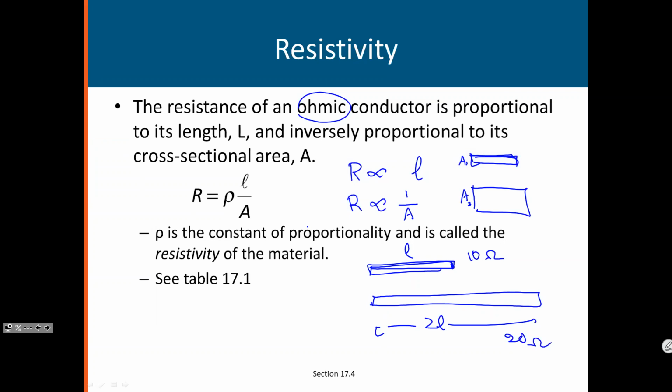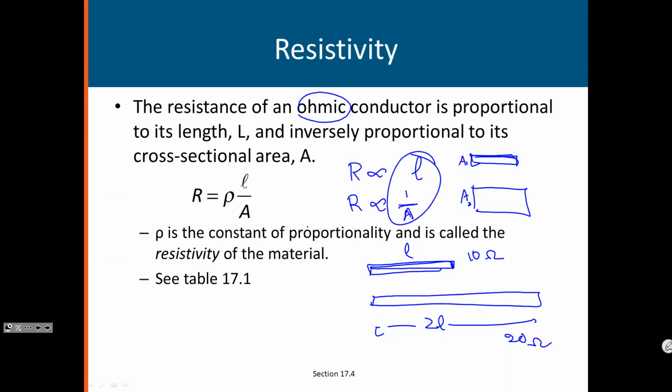The charges have more area to flow, so it will become less, right? The current can flow freely in a thick wire because it has more cross-sectional area to flow through. So it is understood the resistance should decrease in a thick wire. That is why it is inversely proportional to the area.